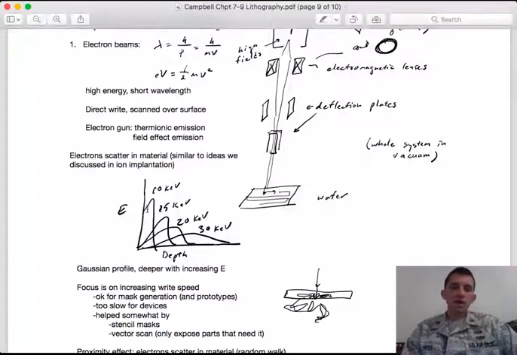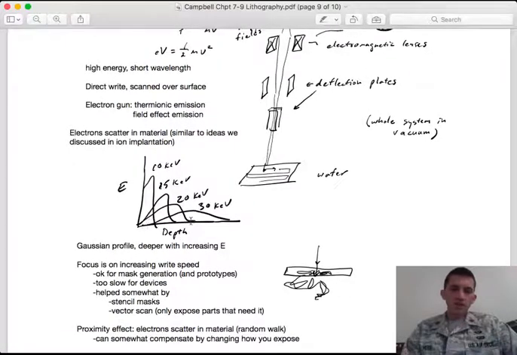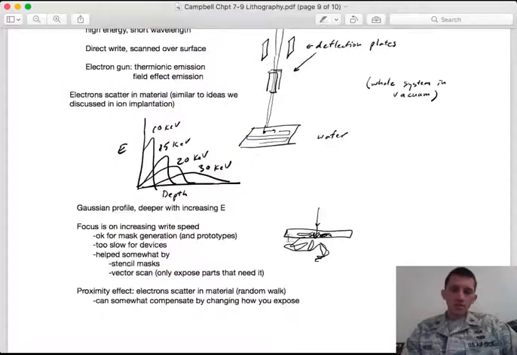Here you have a probabilistic scenario where you've got this scattering, and depending on the energy of the electrons coming in, they will run out of energy at a certain depth. And so you have a Gaussian distribution in depth, and you also end up with a Gaussian distribution in the planar direction as well, right?